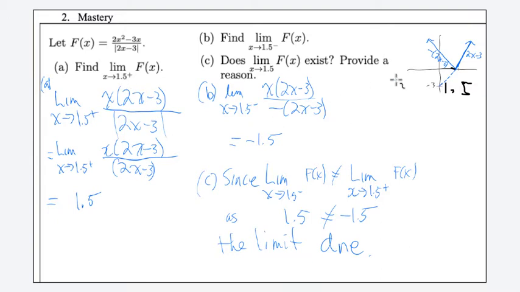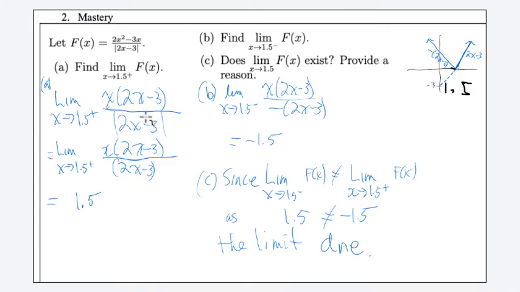So if I'm on the right-hand side of 1.5, the function I'm working with is 2x minus 3. If I'm on the left side of 1.5, then I'm working with the negative of 2x minus 3.